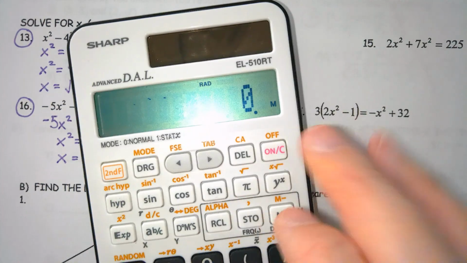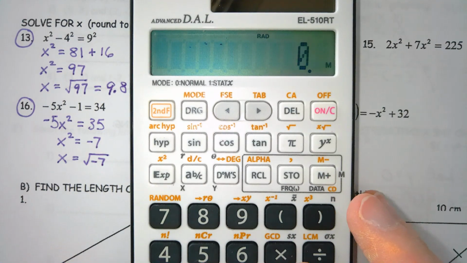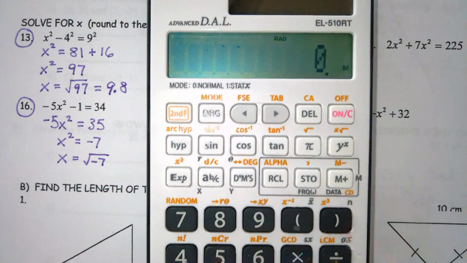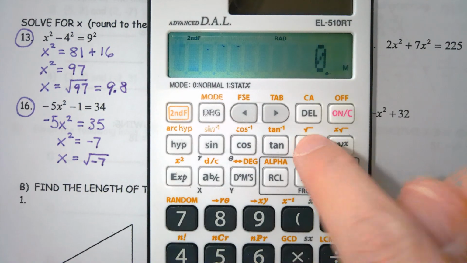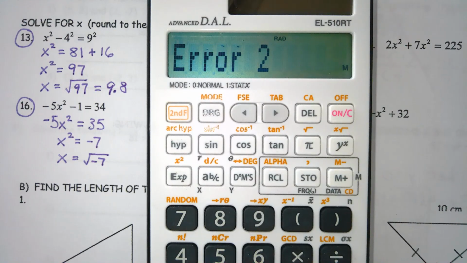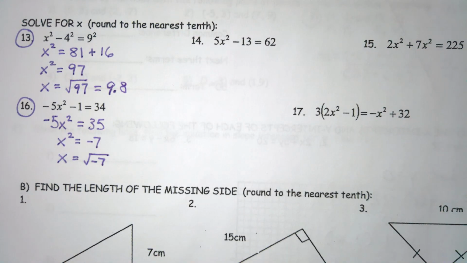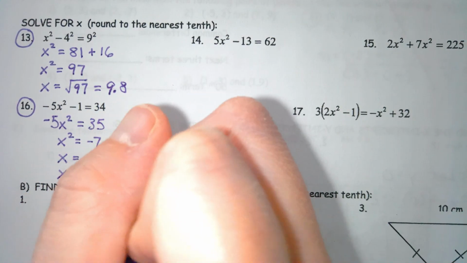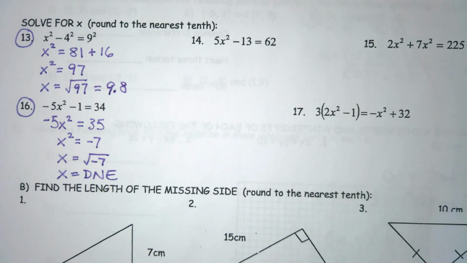Right. So, can you square root a negative number? No, not until grade 11. In grade 11 you can. But for grade 9 and 10, when you square root any negative number, you will get an error. So it's impossible. So x equals does not exist.